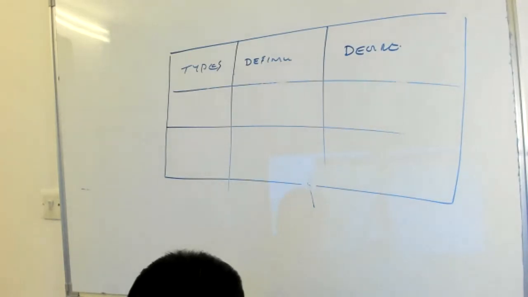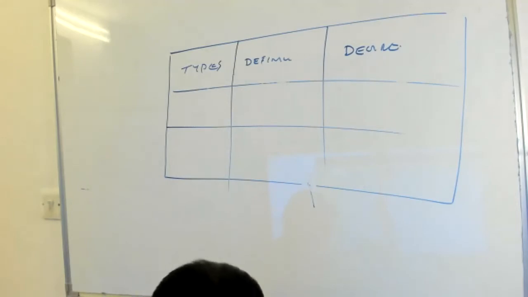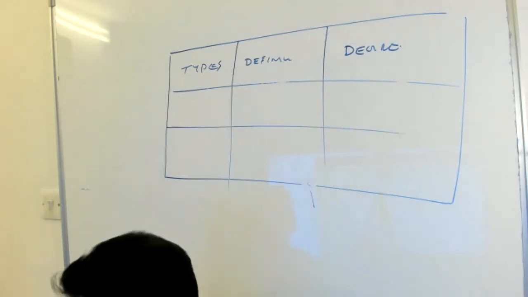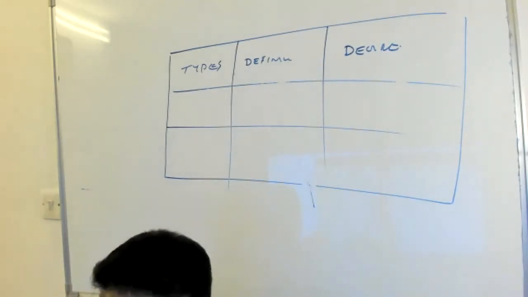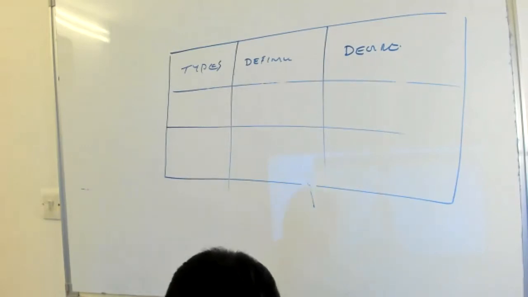Degree is 4. Write example yourself. Clear now? Up to here, okay.